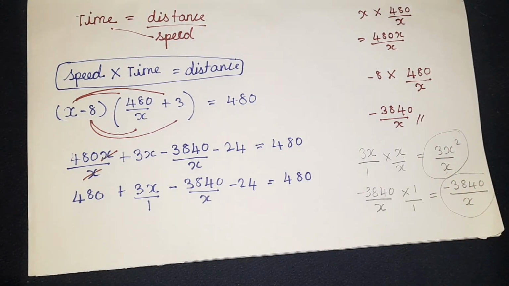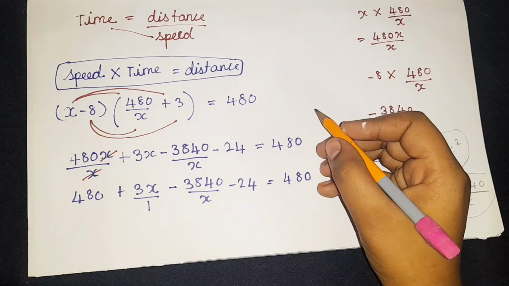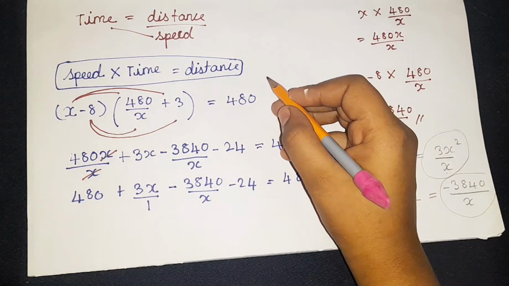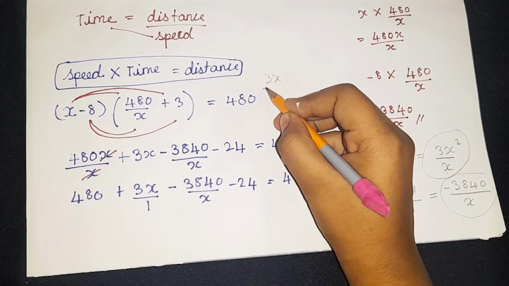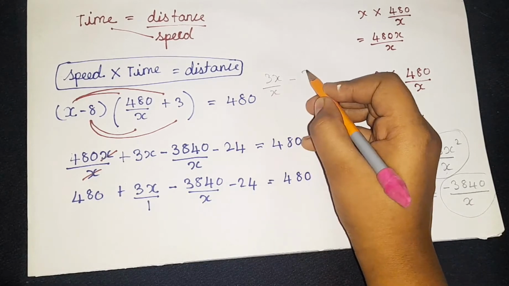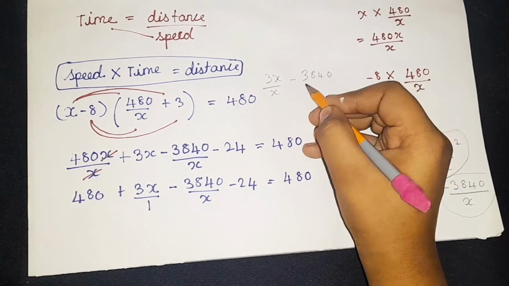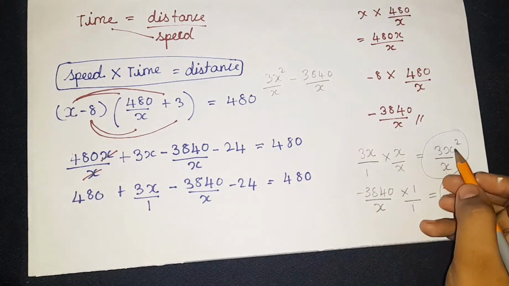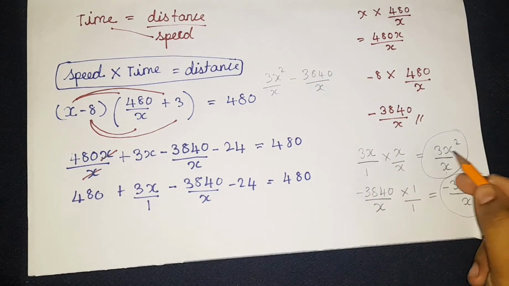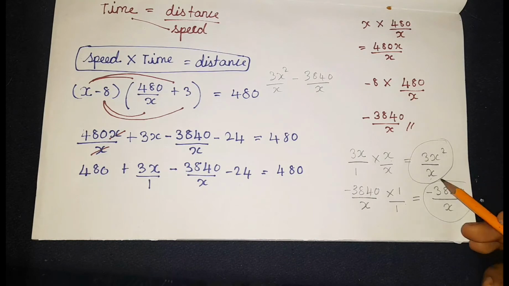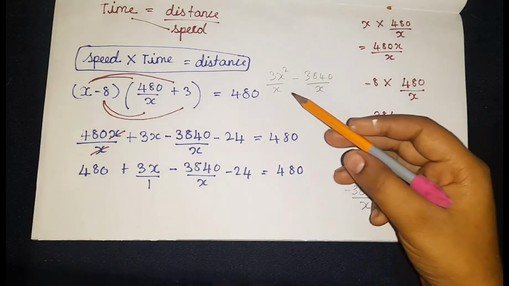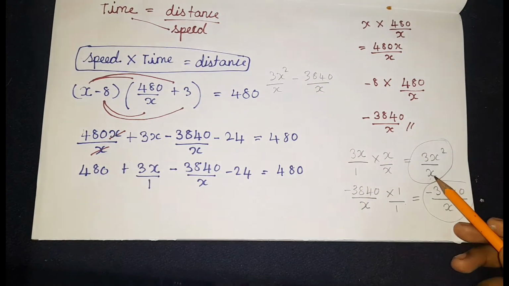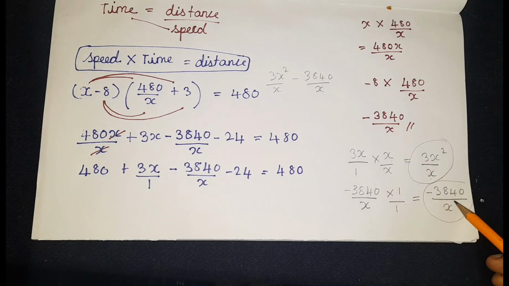So now let me just write them right over here. So we got 3x divided by x minus 3840 divided by x, am I right? I mean here it is x square. So I just wrote these values as they are, that is 3x square by x, and then minus 3840 divided by x.